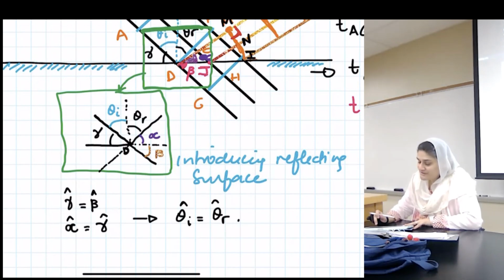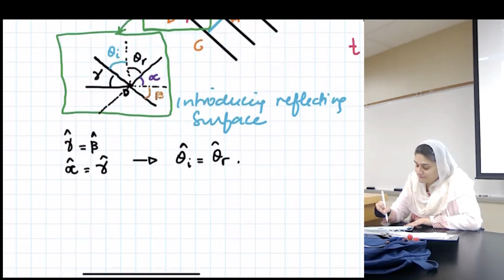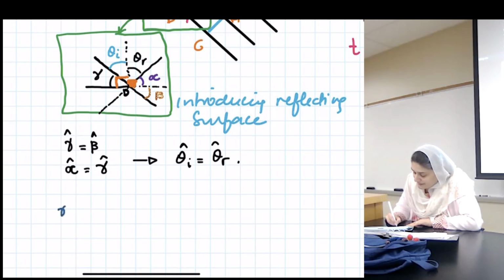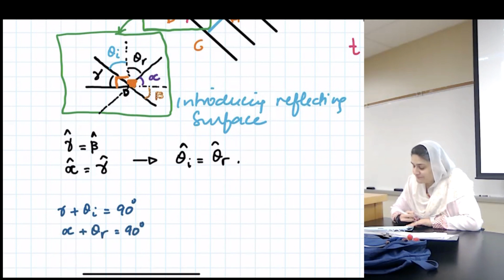Or if that doesn't make sense, can I also show you another way? Do you know for a fact that this is 90 degrees? Do you know for a fact that this is 90 degrees? So can you also write gamma plus theta I is 90 degrees? And can you also write alpha plus theta R is 90 degrees?